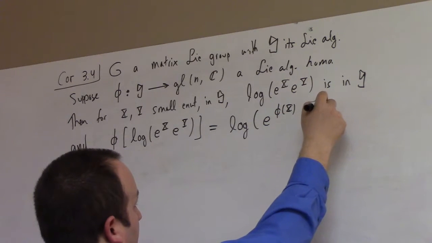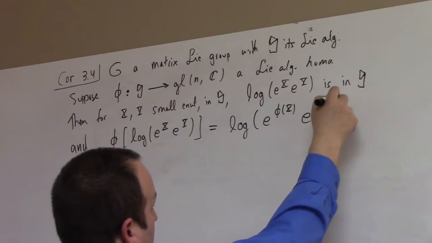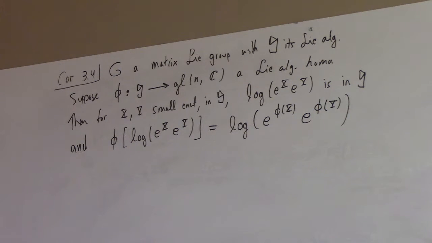This phi is a slippery character, isn't it? Finds its way inside and outside of logarithms just like that.